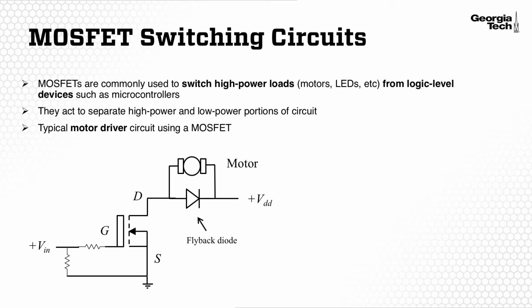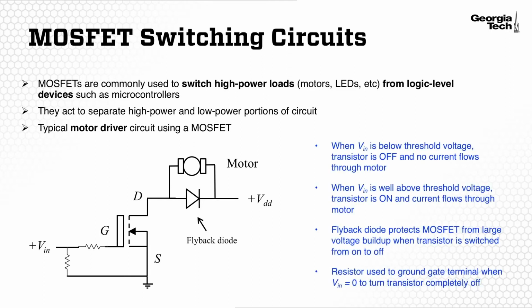We can see that the source of the MOSFET is connected to ground, and the gate of the MOSFET is connected to this voltage labeled Vin. Now Vin is our digital logic input from our microcontroller. So it's either 0 for ground, or it could be at 3.3 volts for logic high, or 5 volts for logic high for other types of microcontrollers. And it just depends on the type of microcontroller, whether it's a 3.3 volt high signal or 5 volt high signal.